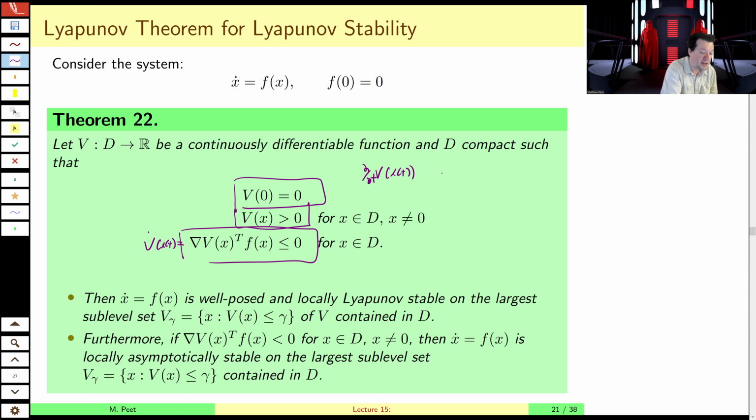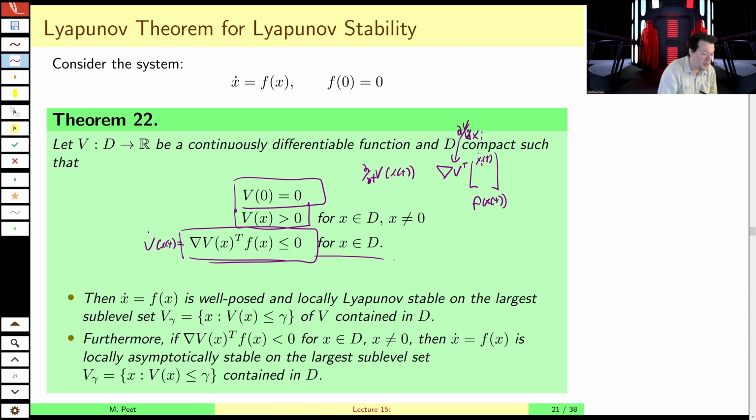Well, there are several x's, so we have to form the gradient of V. That's a vector, the partial derivatives with respect to all those x_i's. And then we have the derivative of x itself, x dot of t, which is, of course, just f, the vector field. So this is the derivative of V.